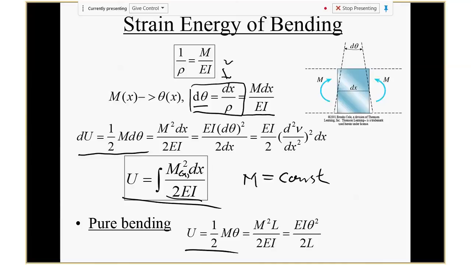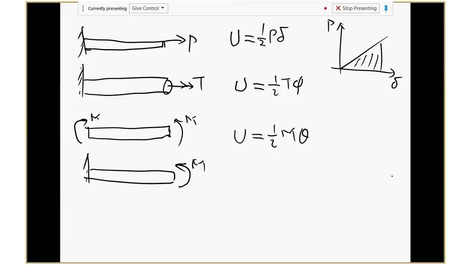But just quickly, can anyone think how we can use this equation to determine the deflection? For example, if you have this beam, applying load P here, how can I determine the maximum deflection at this point? You can use the energy approach.